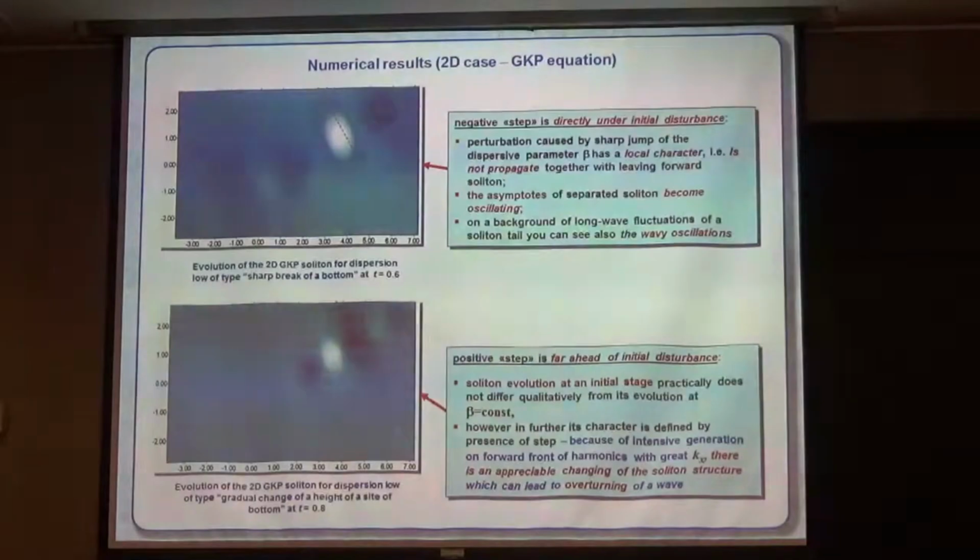However, further on, its character is defined by the presence of the step because of the intensive generation on the forward front of harmonics with great wave numbers kx. There is an appreciable change of the soliton structure, which can lead to overturning of the wave.